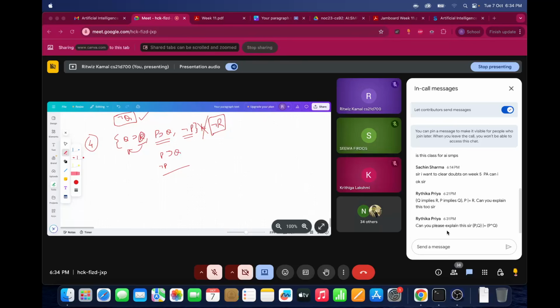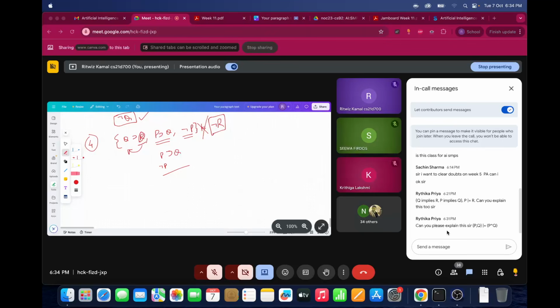Another fact that we had a look at is if P implies Q is true, so this row and this row, and not of Q is true, which means this row, and the last one.